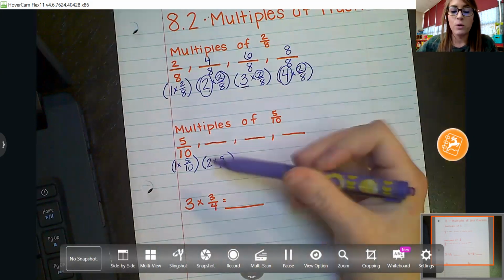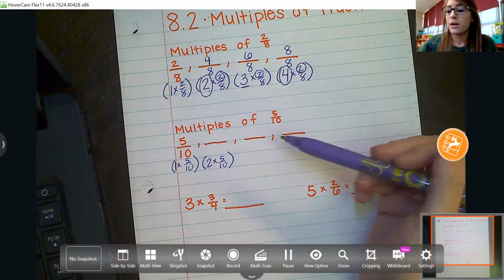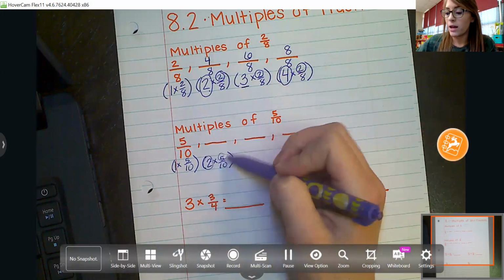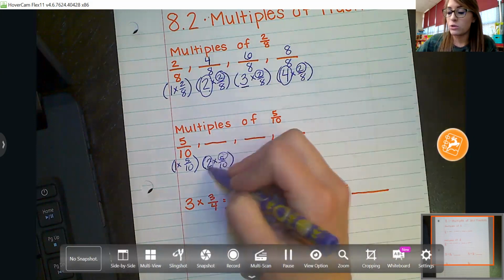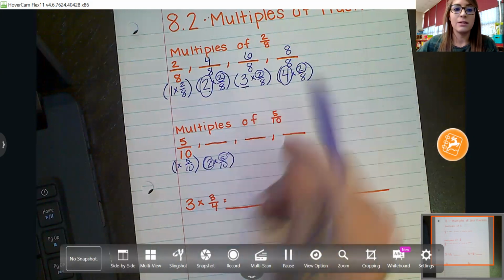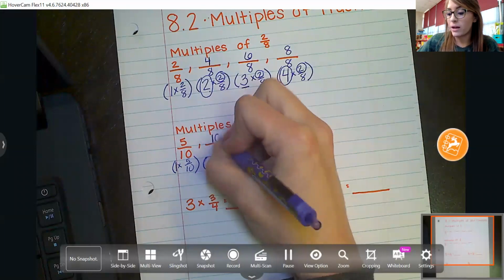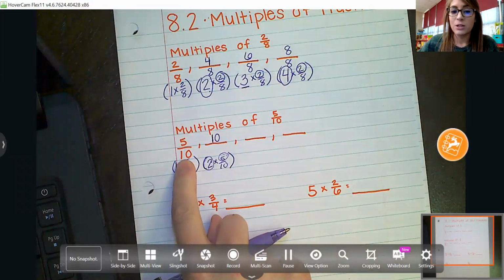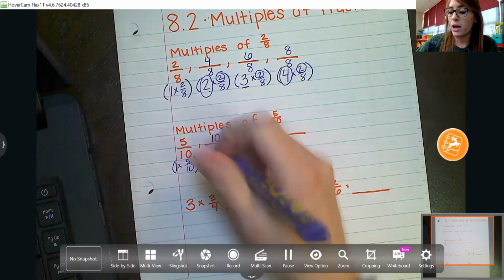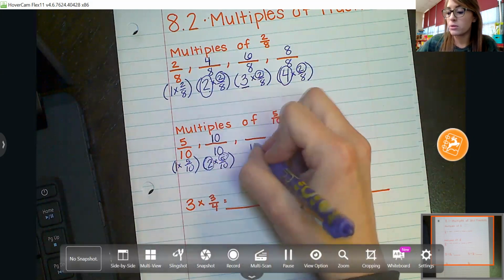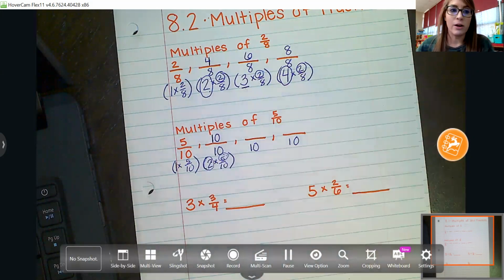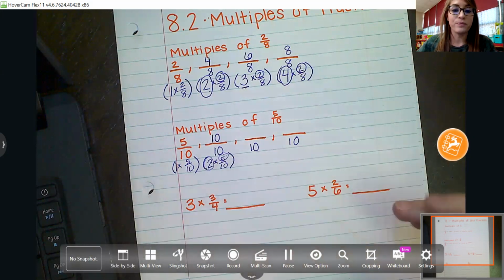And I'm multiplying which 2 numbers together? Very good. The whole number and the numerator. 2 times 5 gives me 10. So that will be my numerator. And my denominator is going to stay the same all the way across throughout all of these multiples. So I'm going to go ahead and write my denominator out.